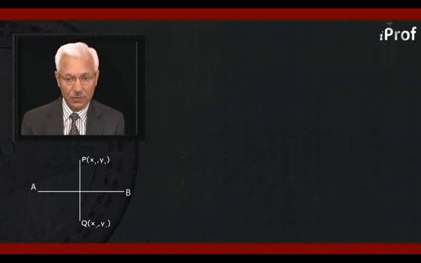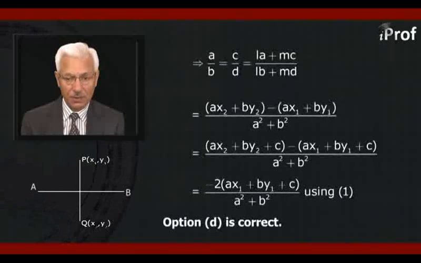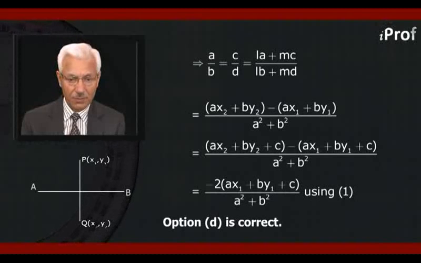Here we have used the relation: if a/b = c/d, then this is equal to (ka + mc)/(lb + md). So this becomes (ax2 + by2 - ax1 - by1)/(a² + b²), or it can be written as [(ax2 + by2 + c) - (ax1 + by1 + c)].